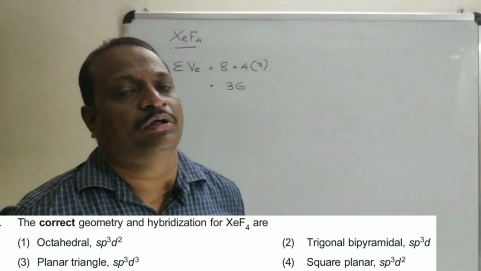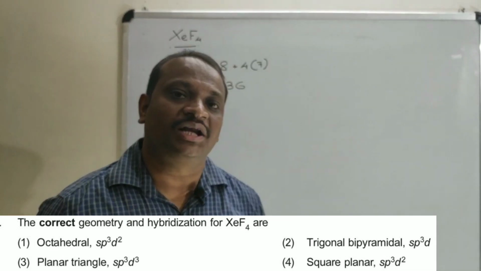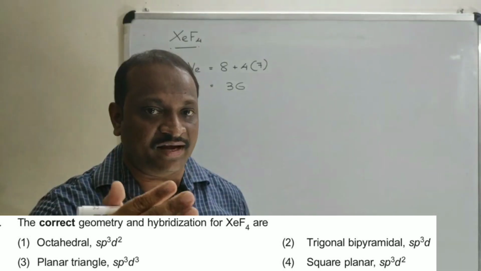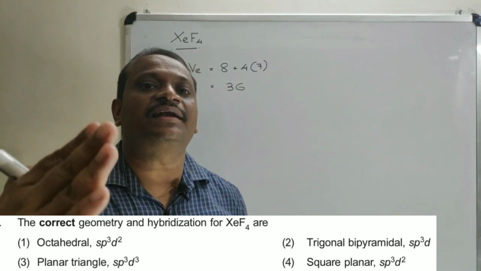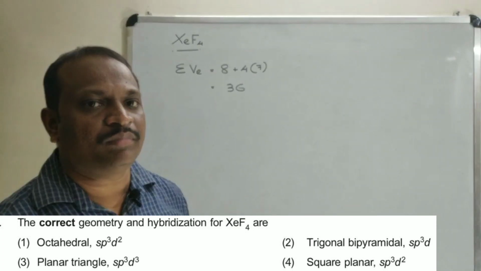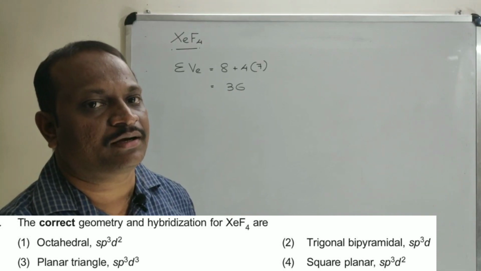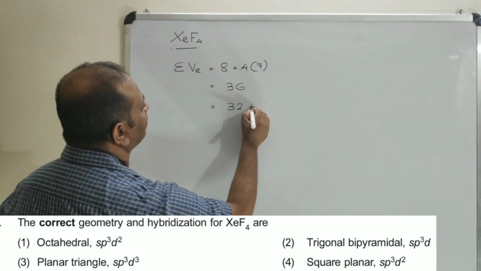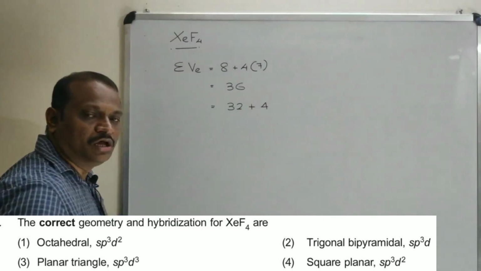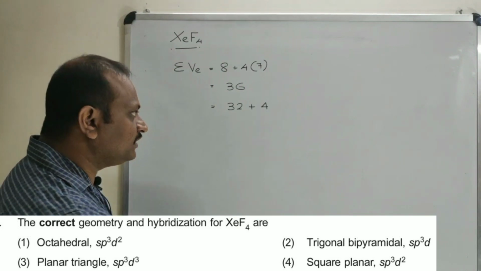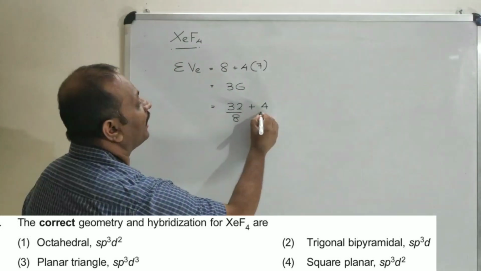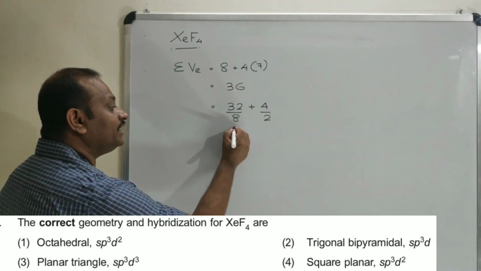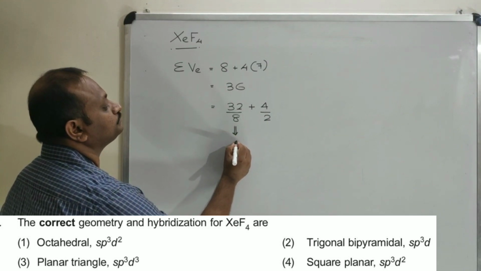I told you in the earlier problem, if the number comes as a multiple of 8, then it's okay. But if it is not a multiple of 8, then split that number into 2 such that the big number is a multiple of 8 and the other is the remainder. So 36 can be written as 32 plus 4. I am dividing 32 by 8 and 4 by 2. 32 by 8, you get 4.